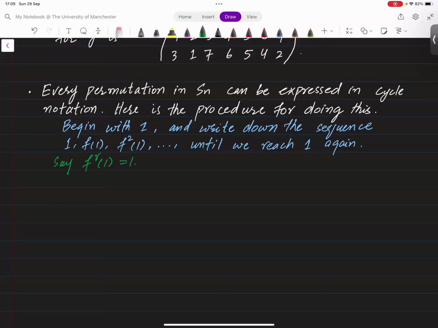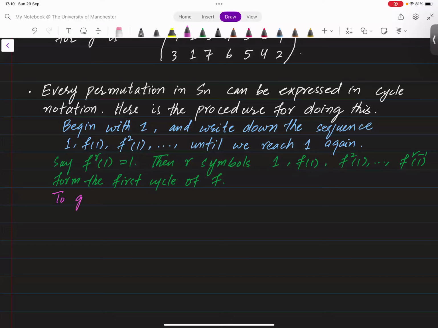Then the r symbols 1, f of 1, f squared of 1, up to f to the power r minus 1 of 1 form the first cycle of f.